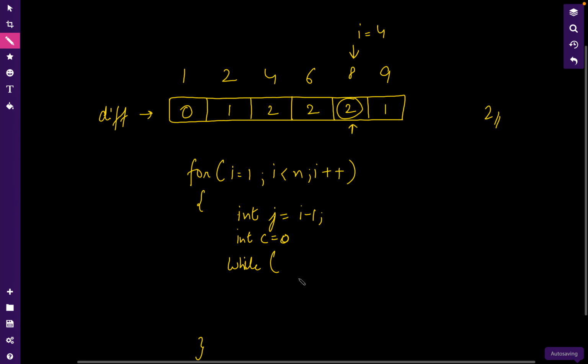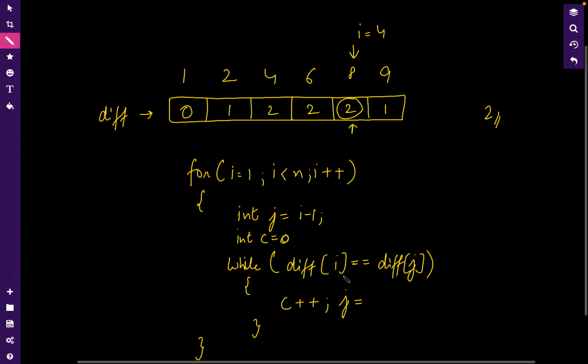What this while loop will check is whether the difference of i, the current index that I am standing on, is equal to the difference of j or not. If that's the case, till that time I will simply do c plus plus, and the other thing I will do is j minus minus. These are the two things I'll do in this while loop, right?